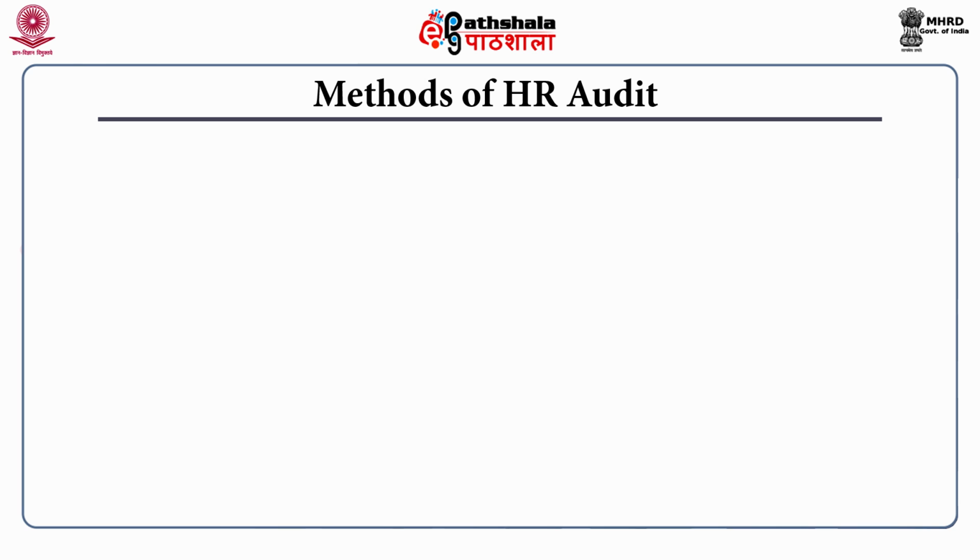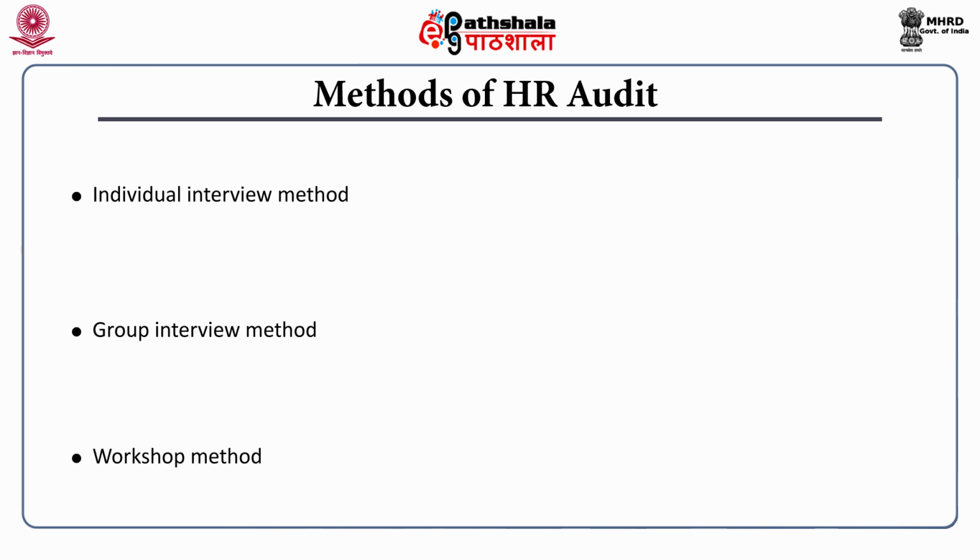Let us understand the different methods of HR audit. There are three methods that we are going to discuss in this slide: individual interview method, group interview method and workshop method. Individual interview method refers to when the top management is asked questions about the HR policies and procedures in the company.